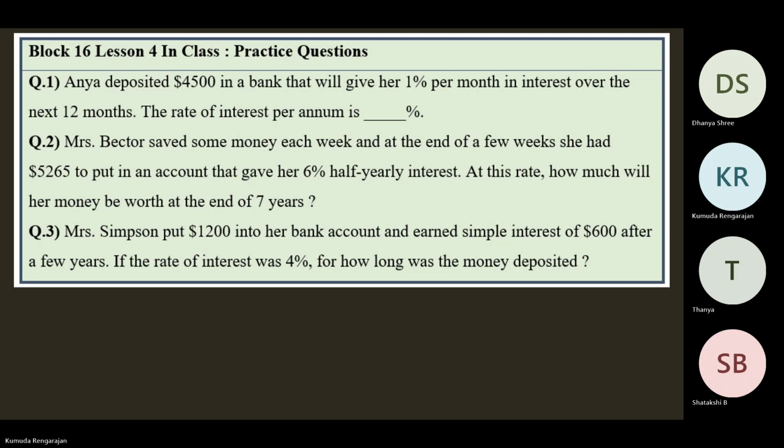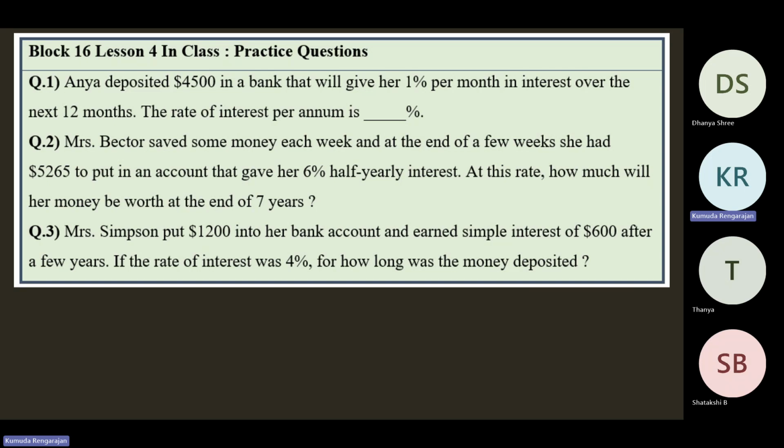Anya deposited $4,500 in a bank. So she deposited, that's a principal. That will give her 1% per month in interest over the next 12 months.